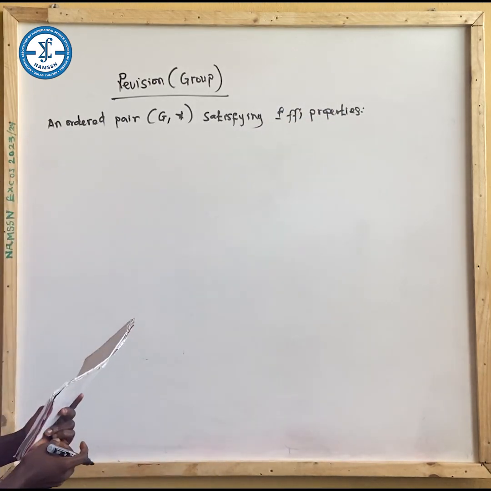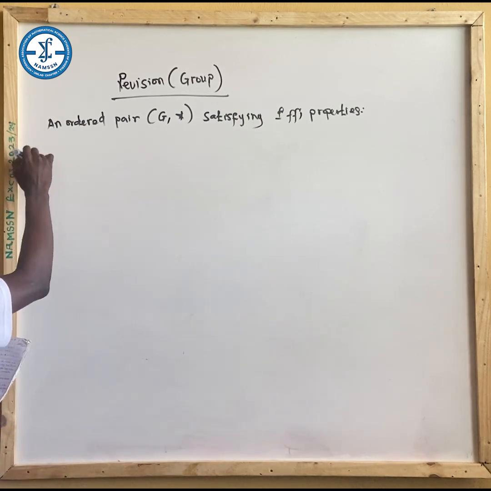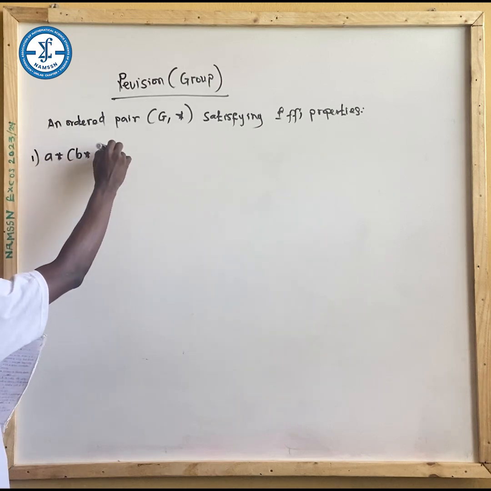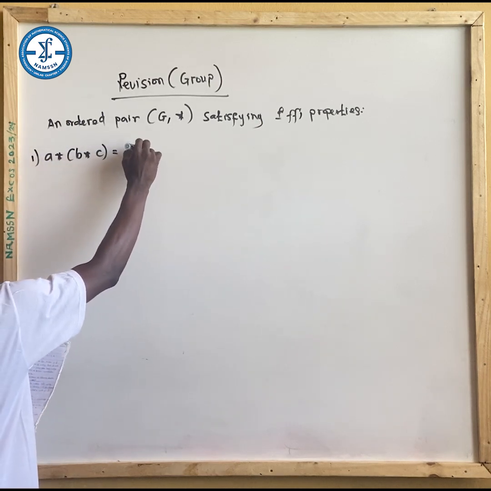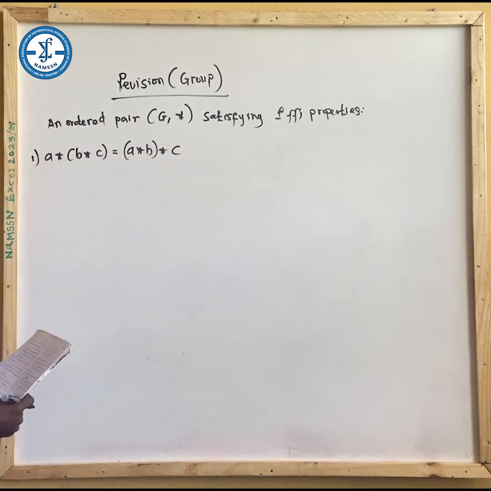So the first property before we can call an ordered pair a group is that it satisfies the associative property, and this is the associative property.